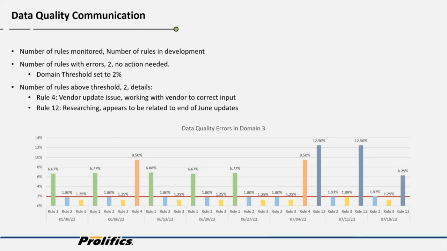Your results may vary, your organization may have different needs, but I show that as the red line on the graph at the bottom of the screen. And so we've got rules, they have errors that are showing, but we're not going to do anything with them. We also have rules that are above that red line, and there's an issue. Let's talk about what is the issue, what have we done, or what are we doing in this communication. So let's take a look at the graph in a little more detail.